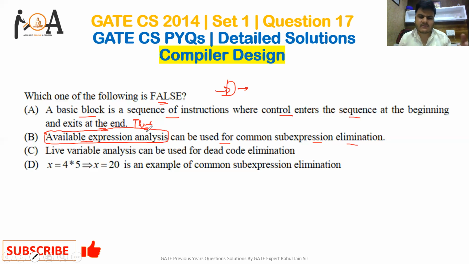Is there anything that we are recomputing again and again? If there is, the algorithm will eliminate the common sub-expression by taking some other constant and replacing it. So it generally reduces the complexity of the code. So available expression analysis can be used for common sub-expression elimination. It is also true.